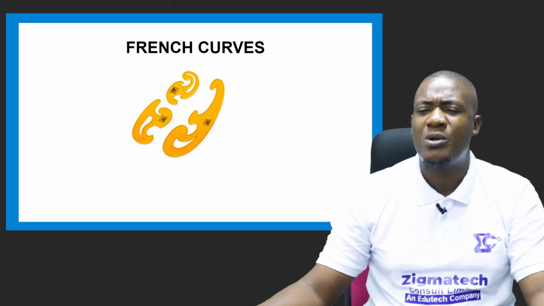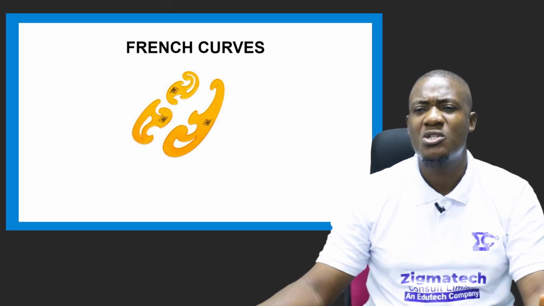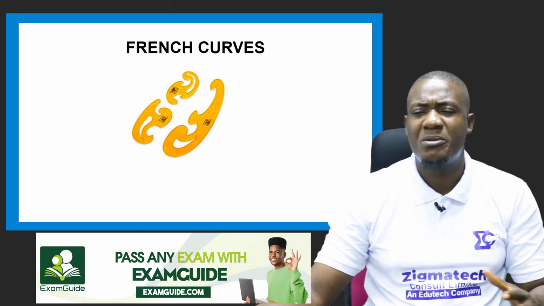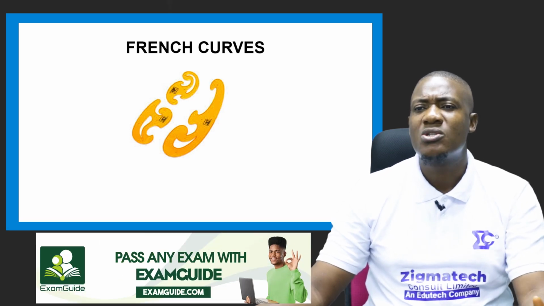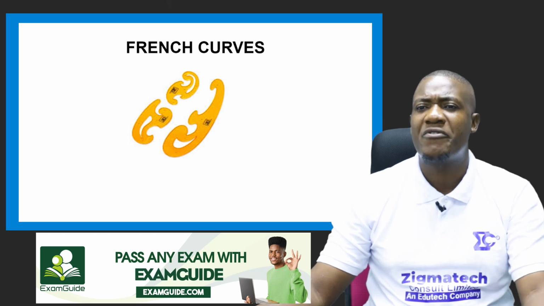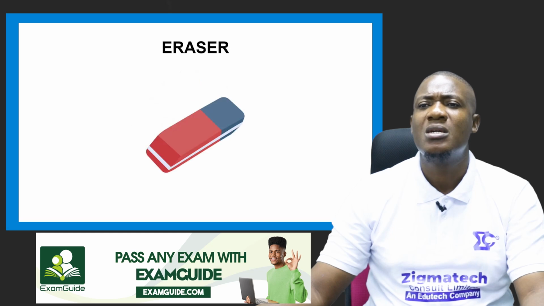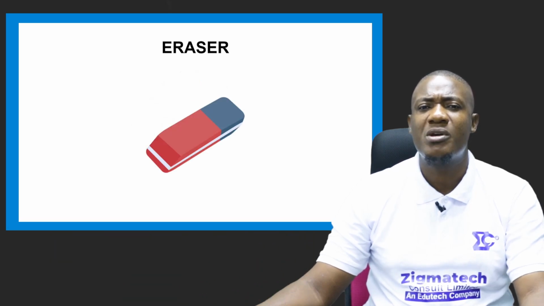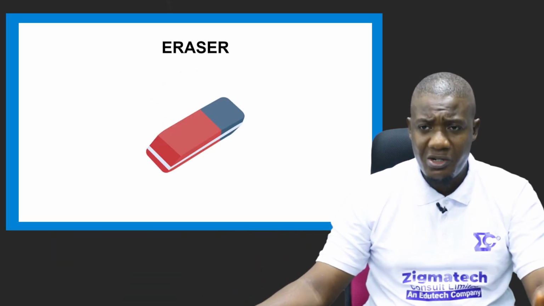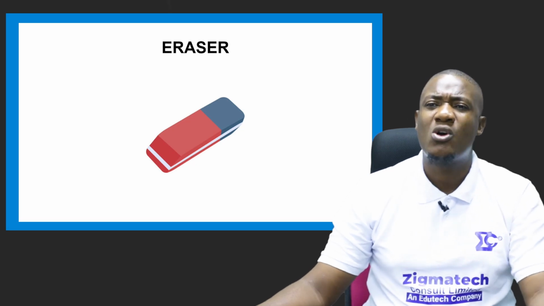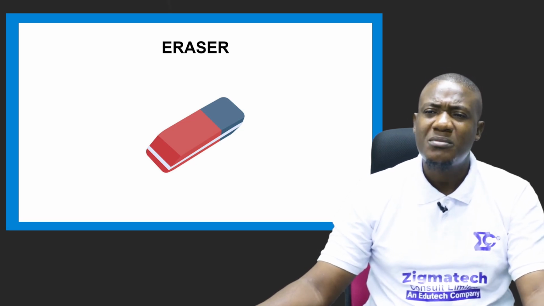Then we have the French curves. All right, this instrument helps us to draw arcs, to draw curves of different shapes that we want with ease. So this is a French curve, just as the name is. That's what the function is. Then the eraser here is a drawing material, because the eraser can be used up in the course of your drawing.